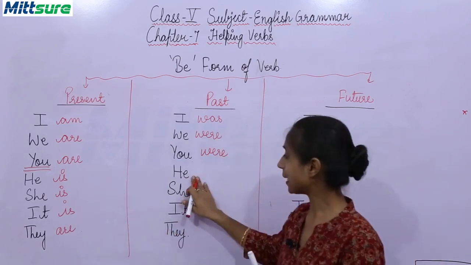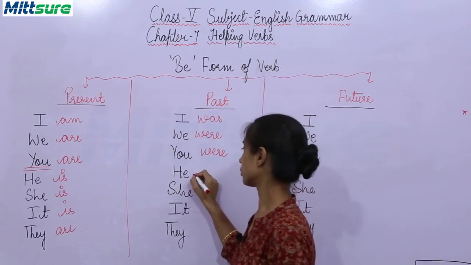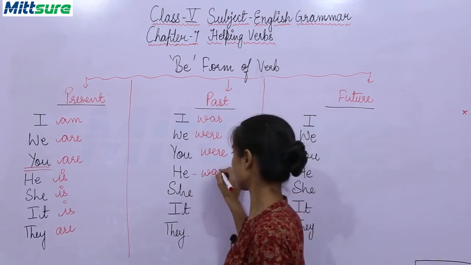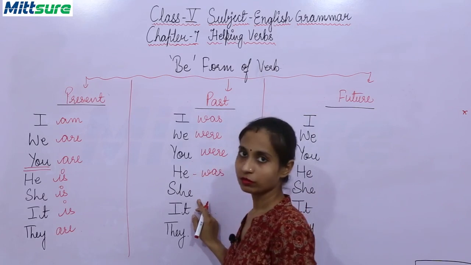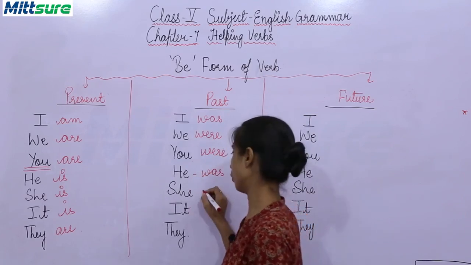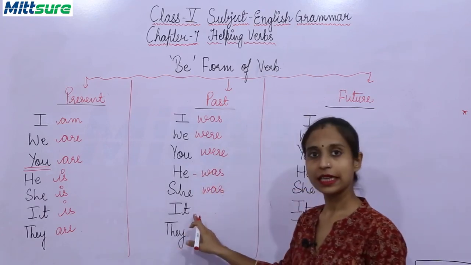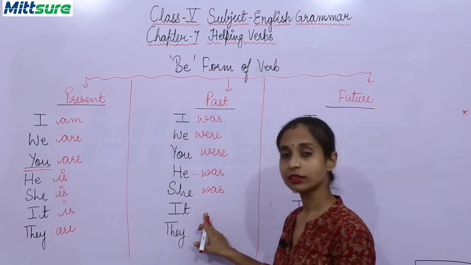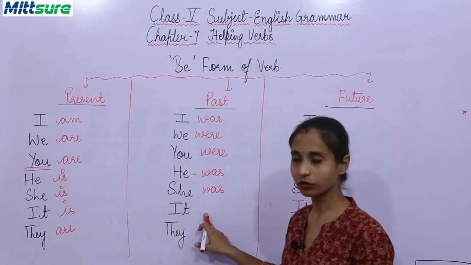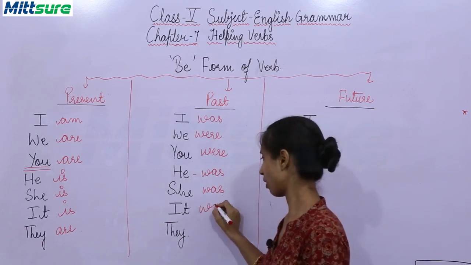Fine. He, singular third person pronoun, was. She, again singular third person pronoun used for a girl, was. It will be again singular third person pronoun used for living and non-living things, was.